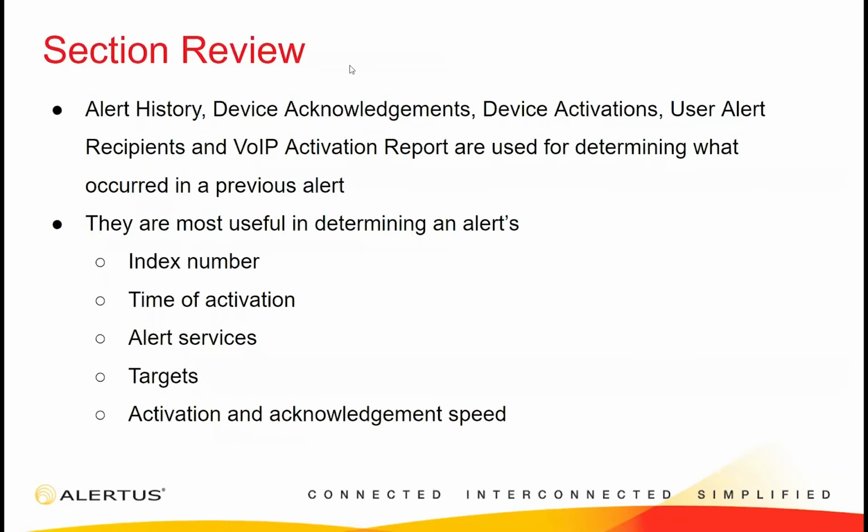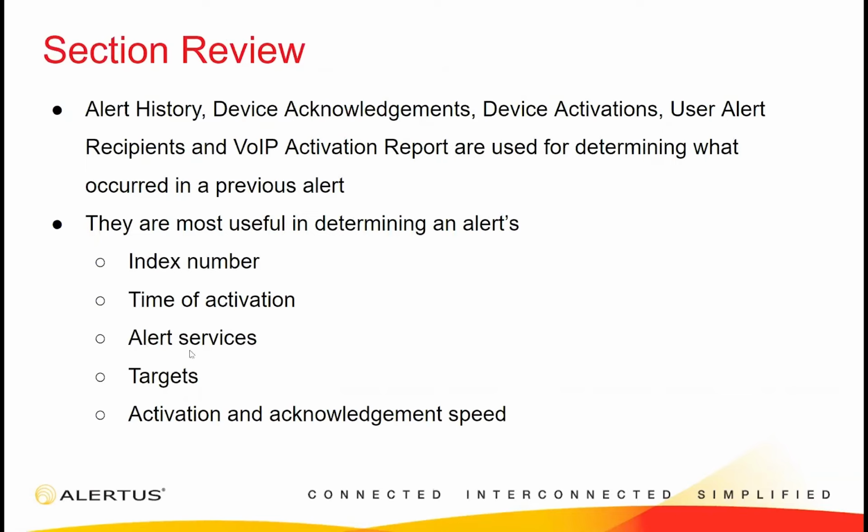So let's just review the ones that we've gone over real fast. The first half is for determining what occurred in a previous alert. The most useful is the index number, so that you can cross-reference this across all other reports, the time of activation, the alert services, which is again the way it is packaged for different types of devices, and the targets, whether it be VoIP, users, or groups.